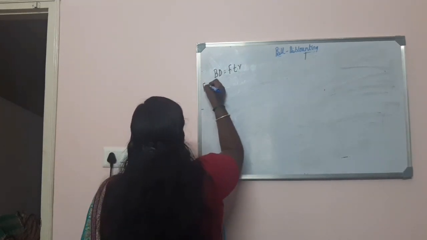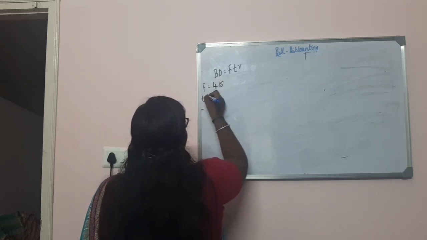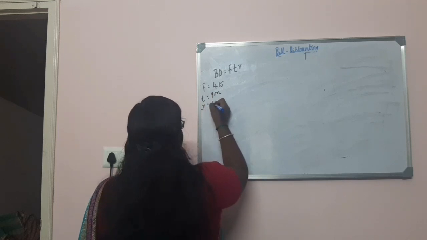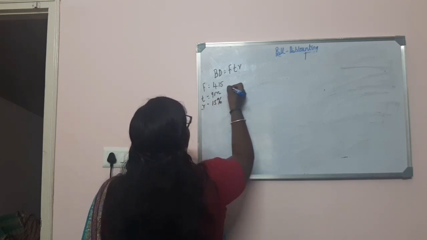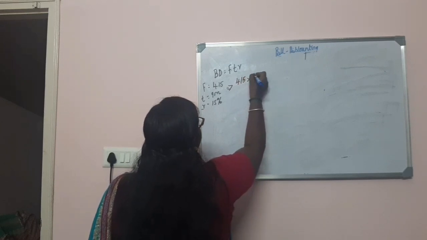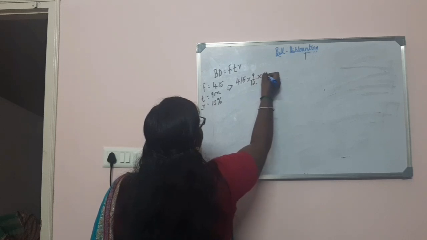So F is here 415, time is 9 months, R is 15%. So substituting here, 415 into 9 by 12 into 15 by 100.